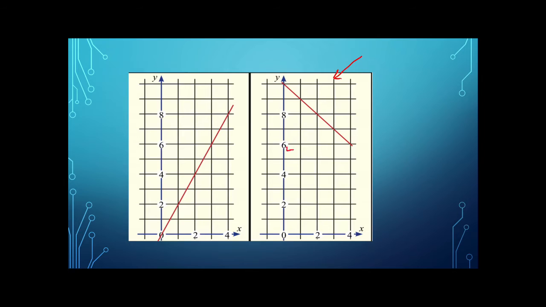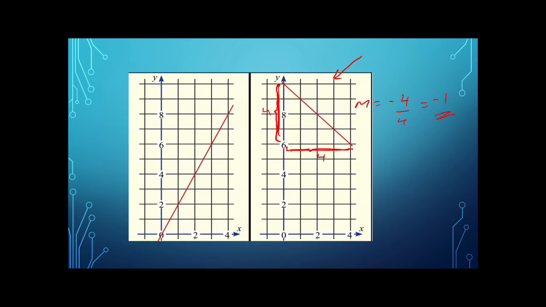So here we're going 4 across, and here we're going 4 down. So the gradient for this one is -4 over 4, because we're going 4 down for every 4 that we go across. So the gradient is -1. The negative tells us that the line is going downwards when we look from left to right.